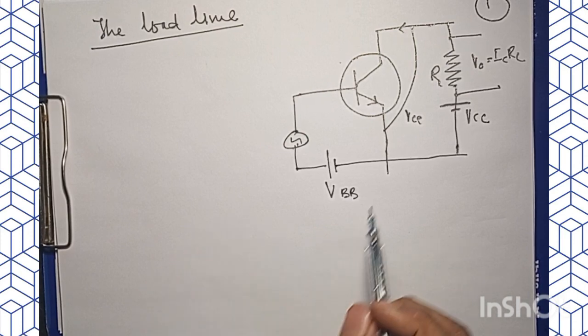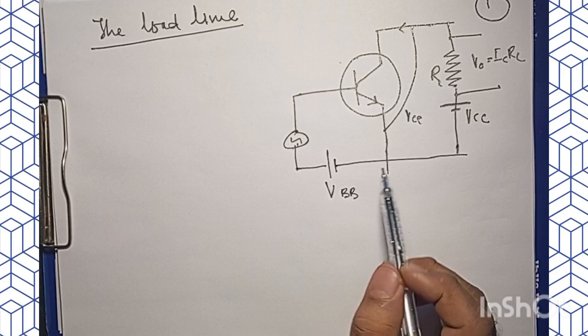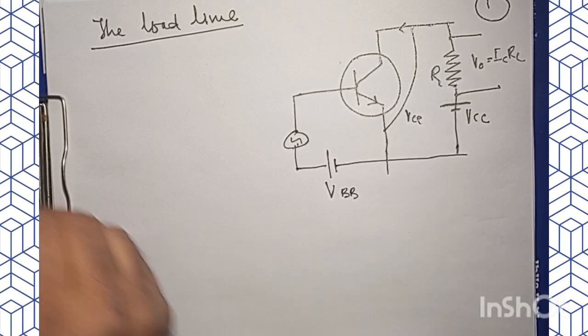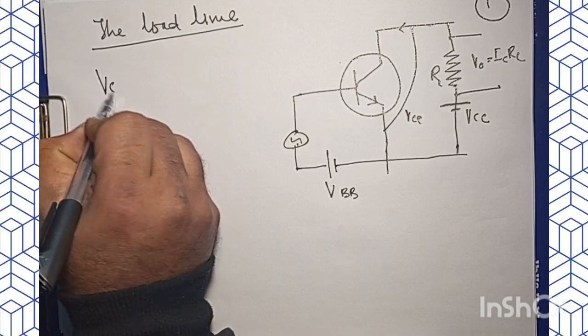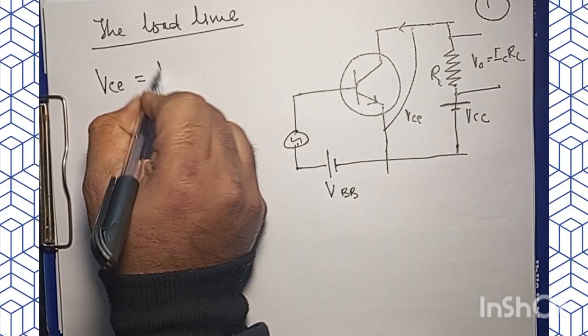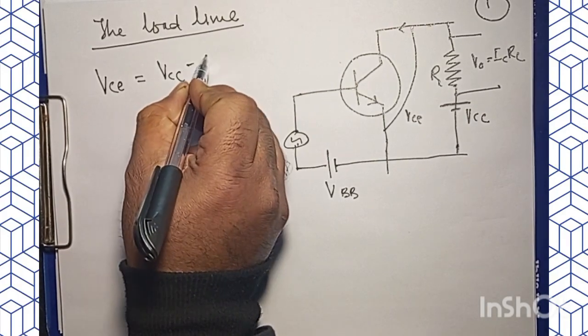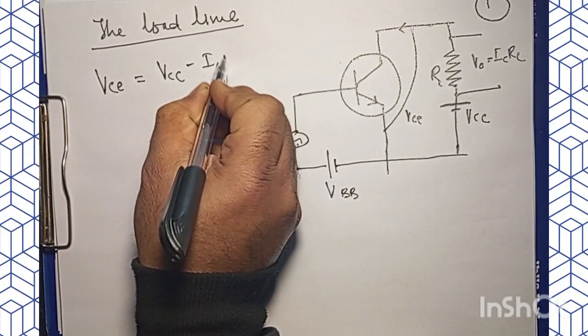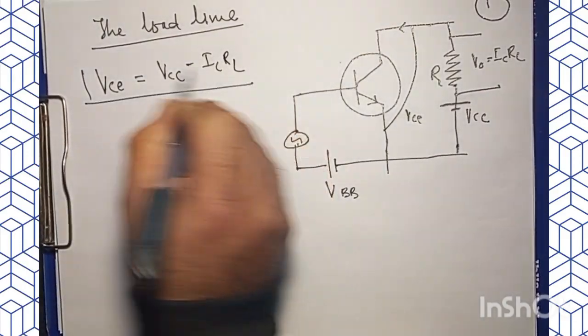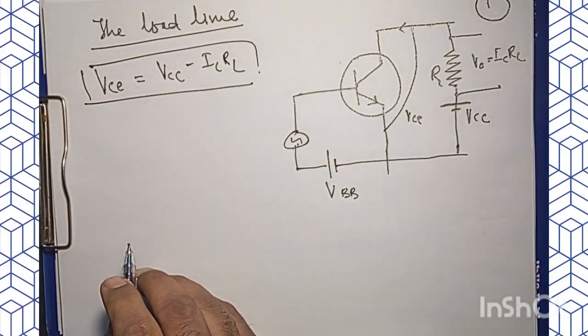Now, if we make use of Kirchhoff's second law in the output circuit, we will have VCE equal to VCC minus ICRL. Okay, that should be the case.